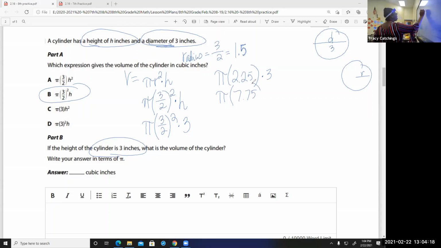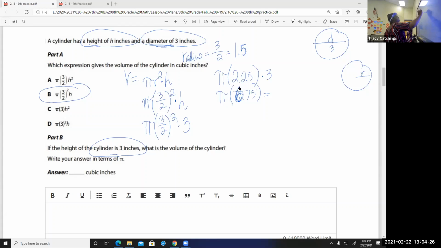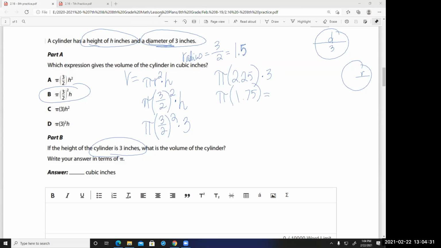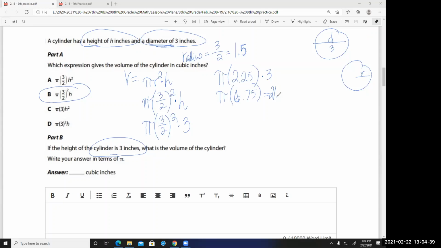It's 6.75. All right, multiply that by pi. 21.195. You said 21.195.